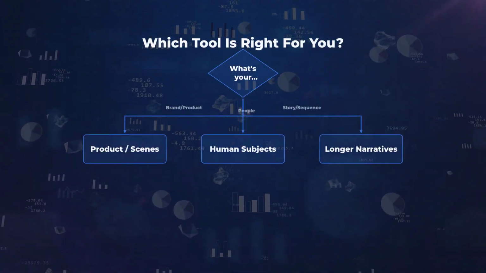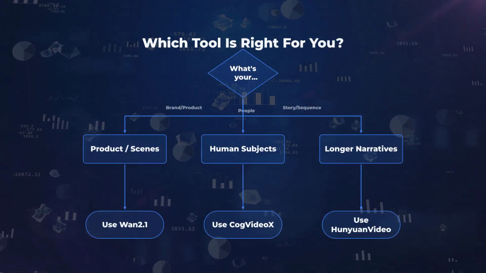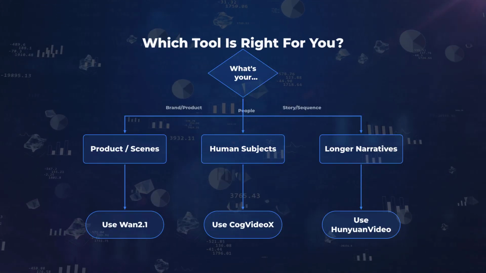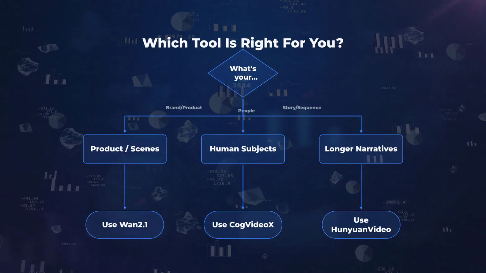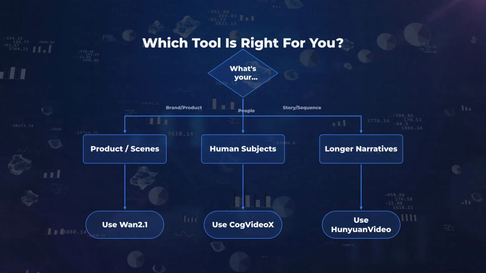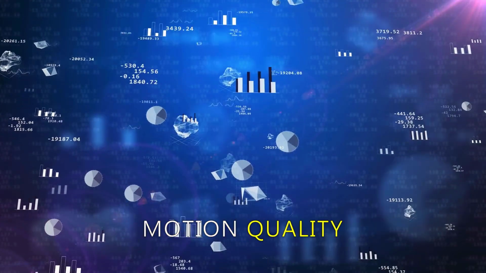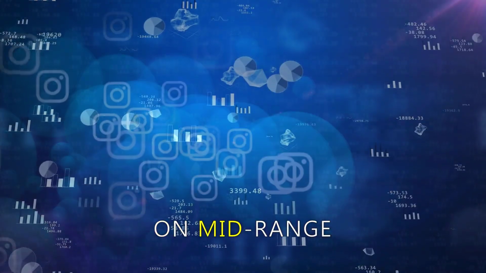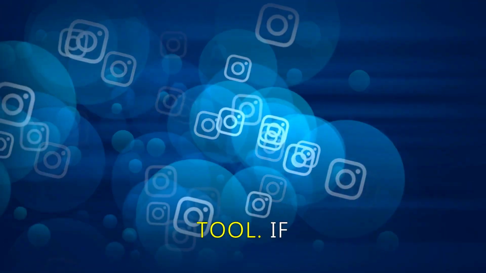Let me give you a quick practical framework for choosing between the three tools based on your situation. If you are focused on product content, brand visualization, and general scene generation, start with WAN 2.1. Its motion quality and relative accessibility on mid-range hardware make it a strong everyday tool.